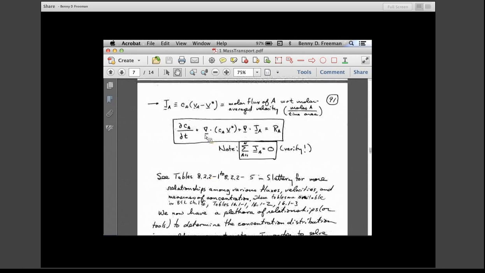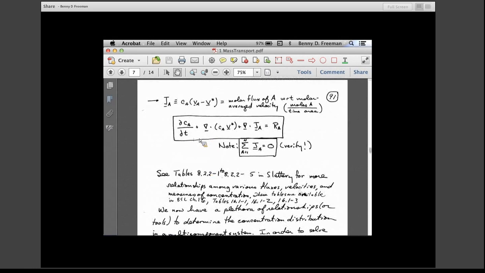And so the continuity equation in molar coordinates will look like this. Here's the diffusive contribution, and then this is the piece that is due to convection. You also would find, and you should verify, that the sum of these capital J sub A's is also equal to 0.